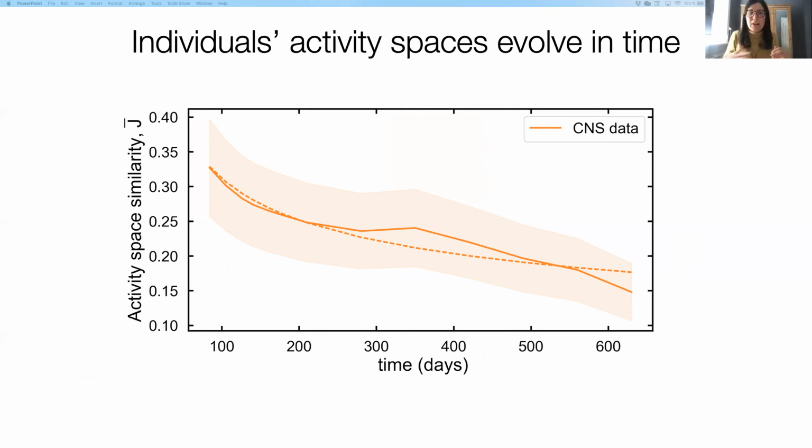You can see the similarity decreasing. When you go 2 years after the first measurements, the activity space has only 0.15 Jaccard similarity with the original activity space. So there are dramatic changes in the way we experience space over long time scales.